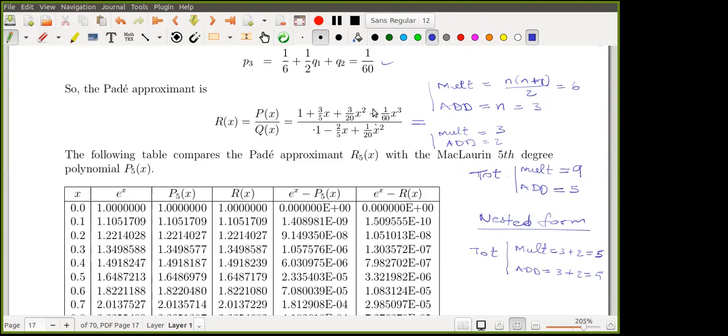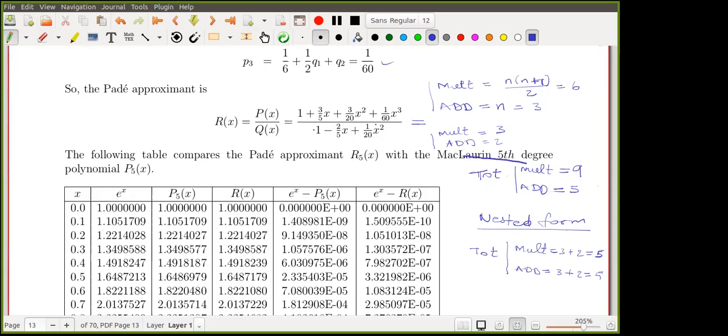For this expression, we saw that the total number of multiplications was 9, and the total number of additions is 5. 1, 2, 3, 4, 5, because subtraction is a form of addition.